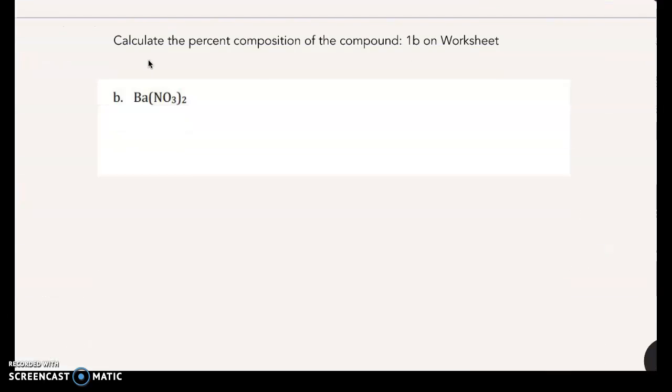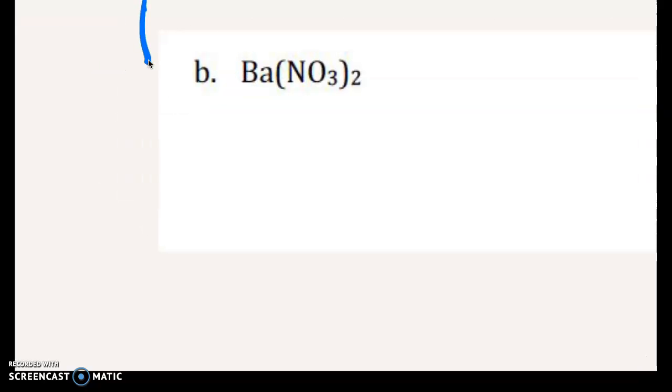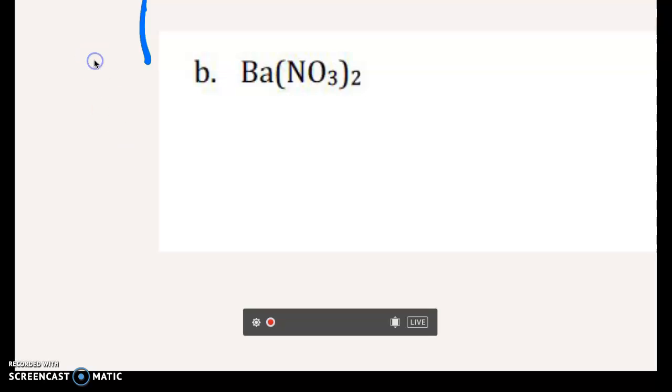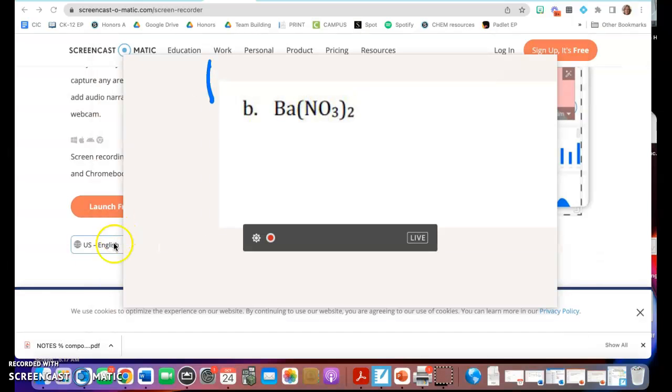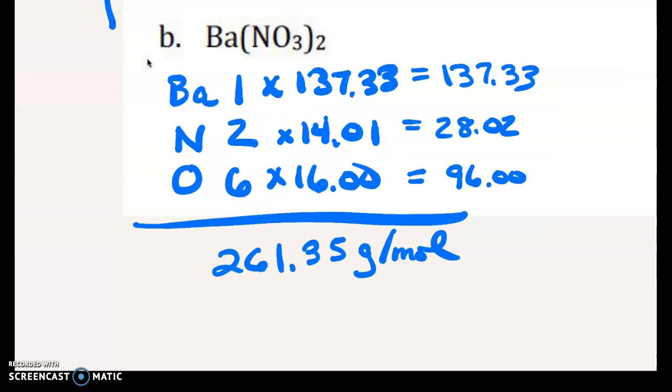And this one is from the worksheet. It's 1B. Here's another, and you could pause the video and try it and see if you get what I get. I'm also going to pause it. So this is problem number 1B on your worksheet.